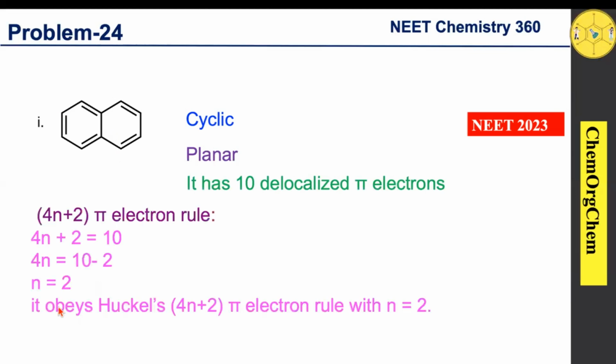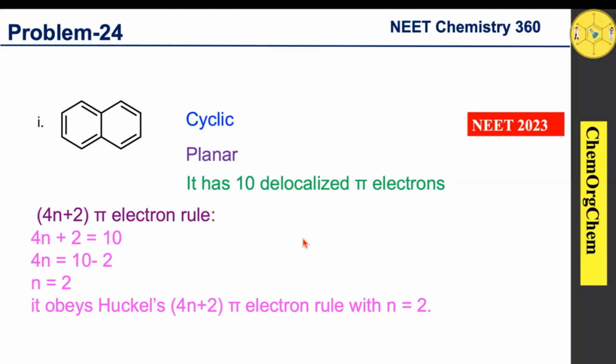Moving to the 4n plus 2 pi electrons rule, 4n plus 2 equals 10 pi electrons present in the system. Therefore 4n equals 10 minus 2, which gives n equal to 2. This means it obeys Huckel's 4n plus 2 pi electrons rule.